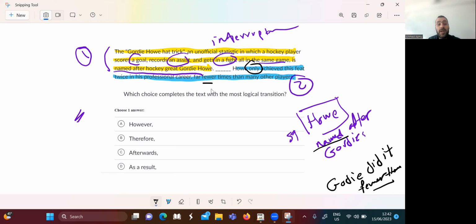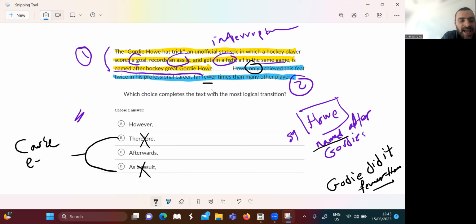Okay, let's go to the choices and the copycats. Do we have similar transitions? Yes, we have therefore and as a result. We have to eliminate both of them. Both of them show the same relationship, a cause and effect relationship.